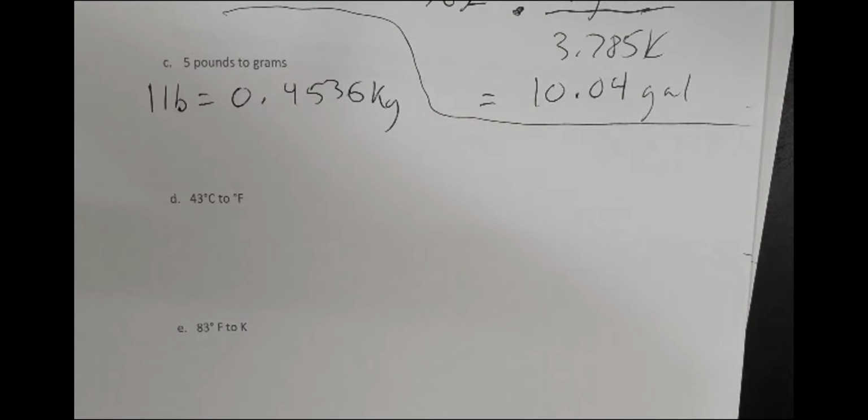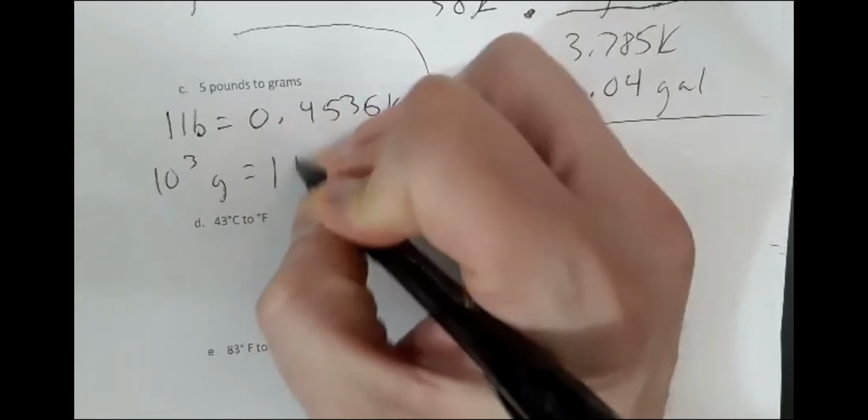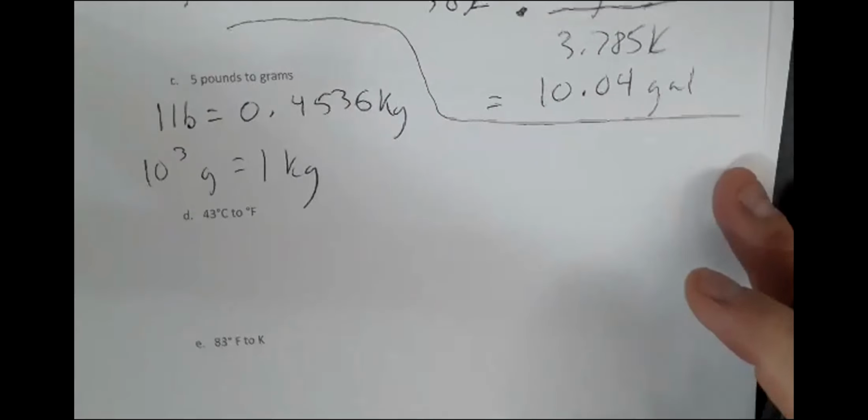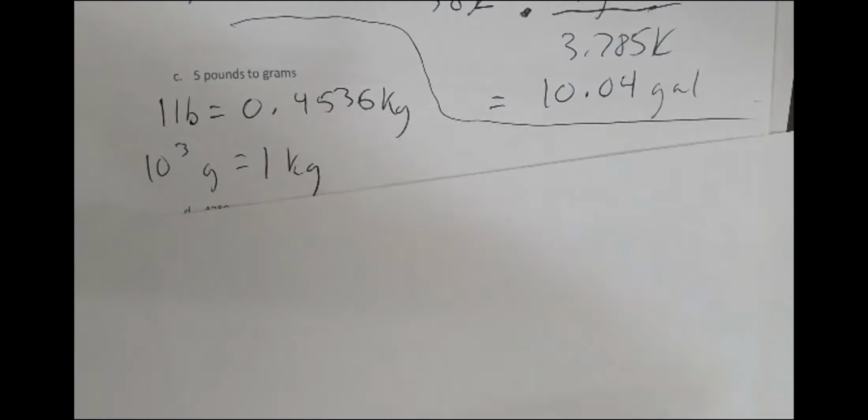So if we look at this, 1 pound is 0.4536 kilograms. I know there are 1,000 grams to every 1 kilogram, or 10 to the third, right? Grams, 1 kg. So if I start out with 5 pounds, that's 5 lbs.